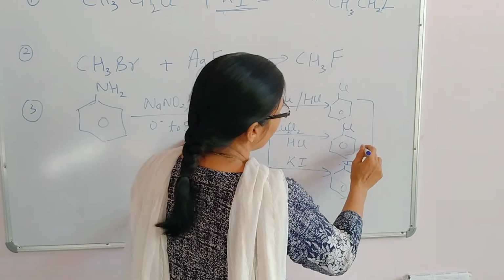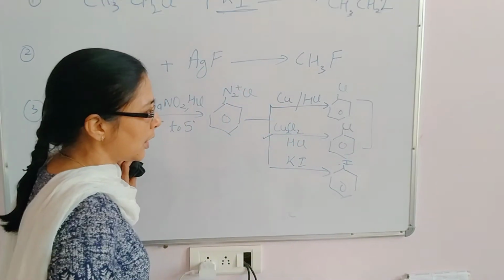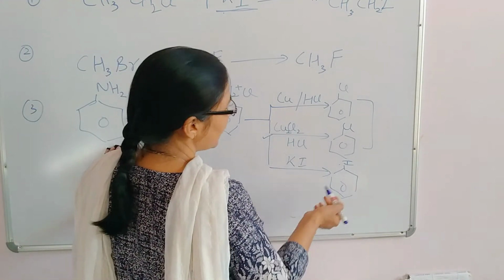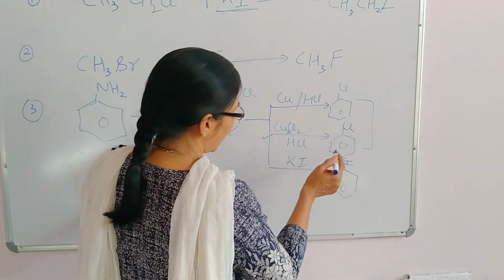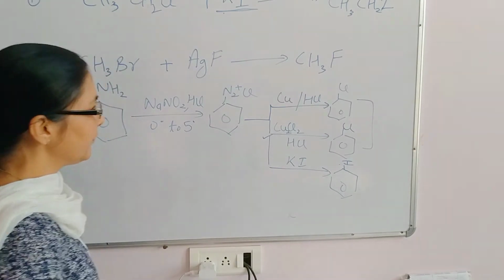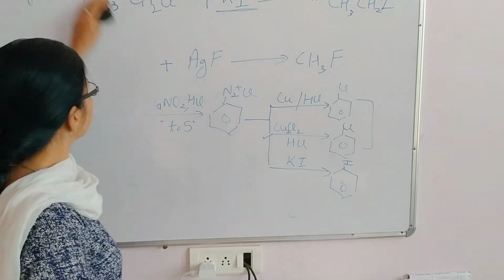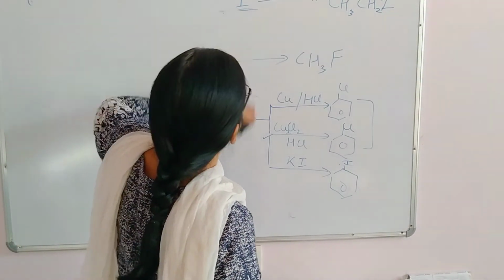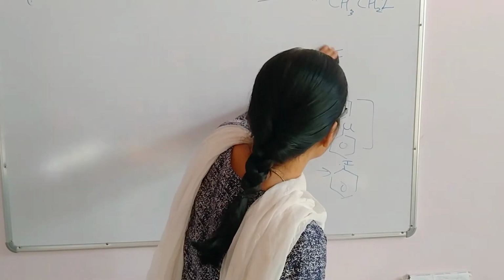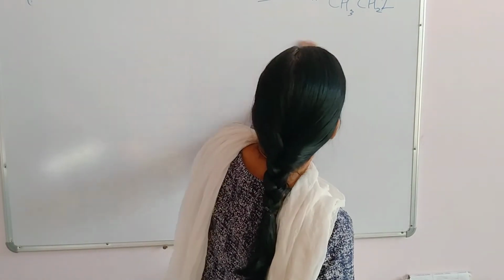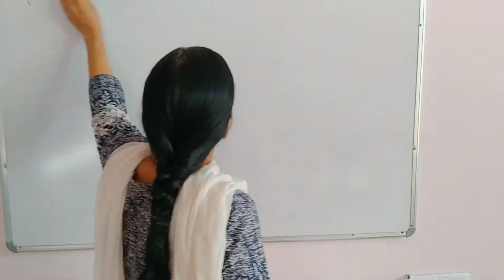These two main reactions are the Gattermann reaction and the Sandmeyer reaction. This one, you can say, is a halogen exchange reaction or special reaction. One more name reaction you have studied, the Fittig reaction, in which you have prepared chlorobenzene. Please go through the diazonium salt reactions.